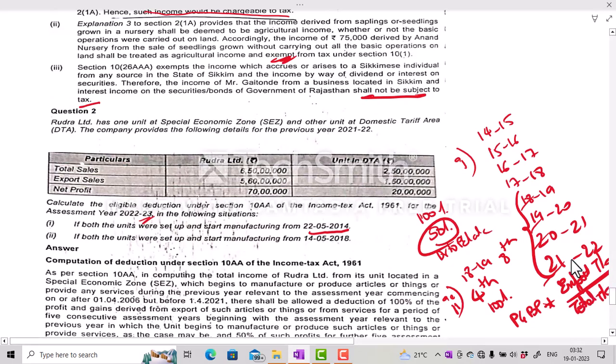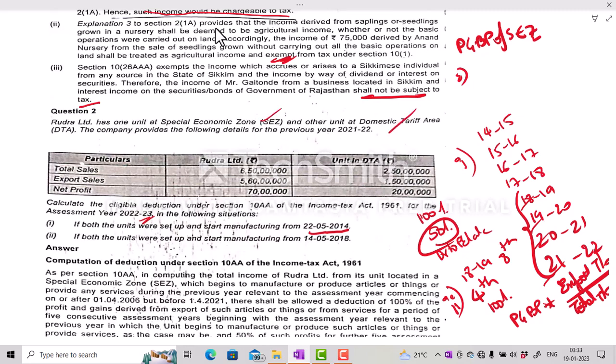So calculate the PGBP. First we need to find out PGBP of CES. See, here they have given Rudra Limited has one CES unit and one DTA.